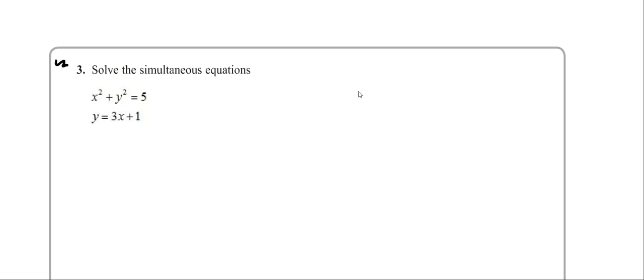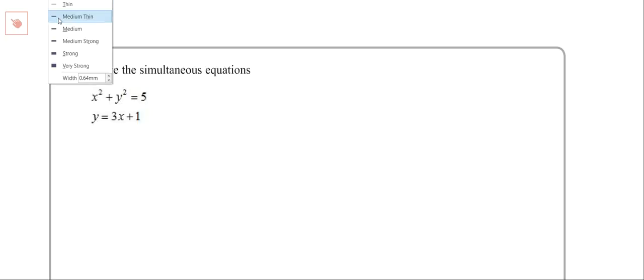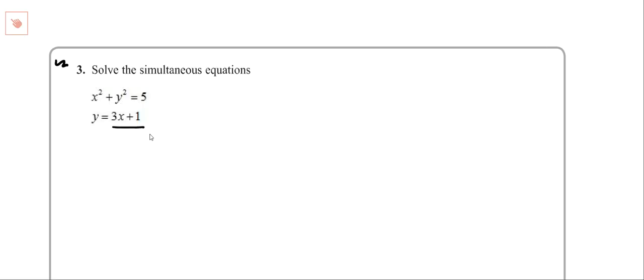Would anyone like to talk us through this one to start with, or at least the first part of it, or how you would start it? Since it's y squared, you would put the 3x plus 1 in brackets and then expand the brackets. So it's a substitution to start with.